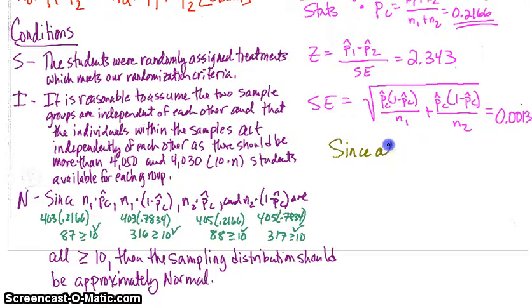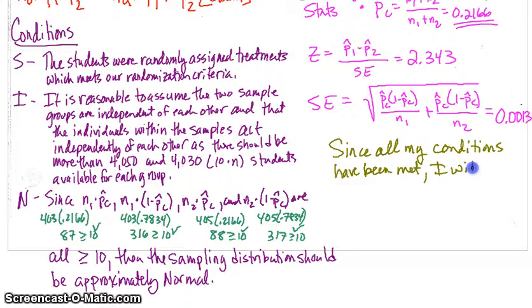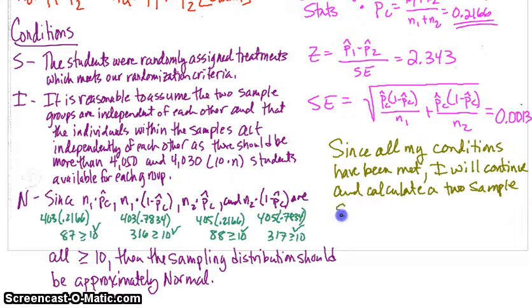Since all my conditions have been met, I will continue and calculate a 2-sample significance test for proportions.